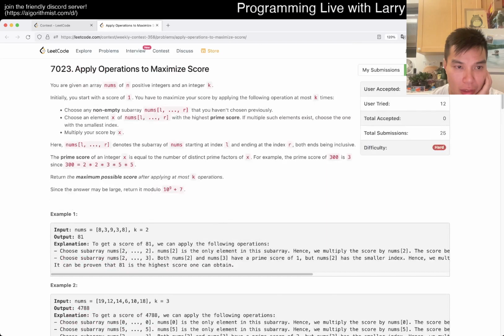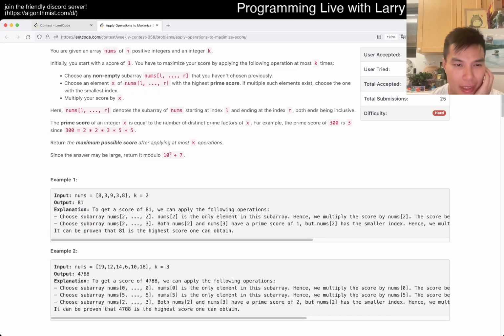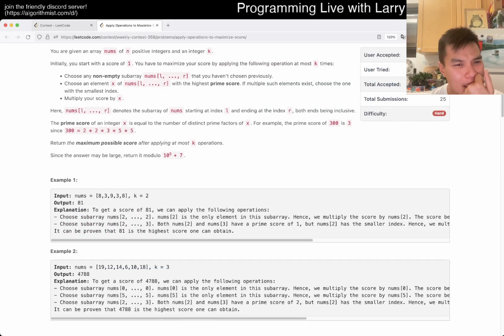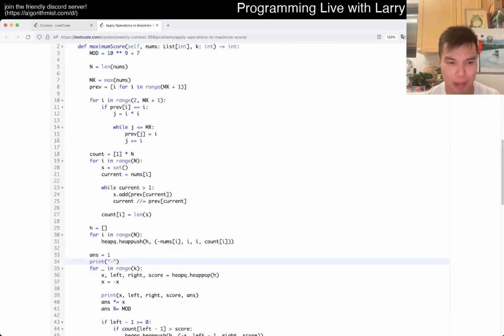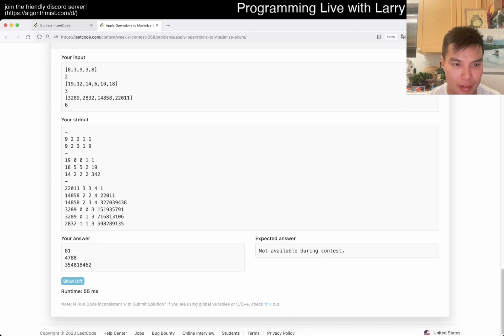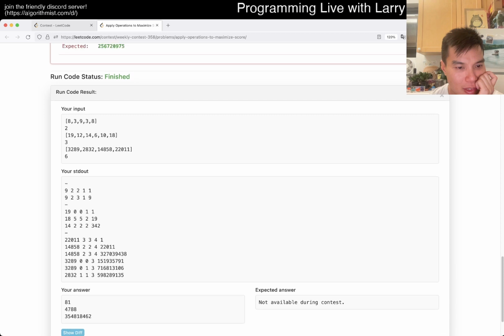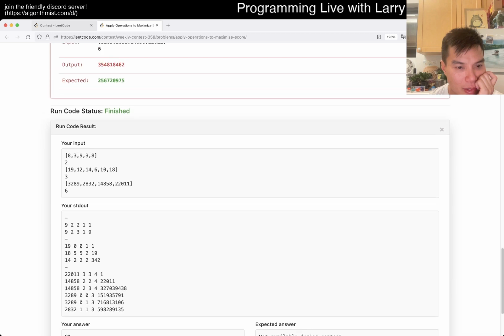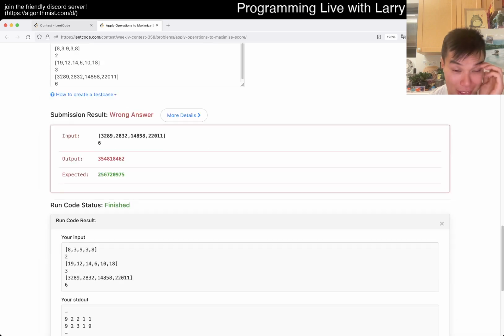Okay, how big of a number can it be? 10 to the 5th to the K power? Are you serious? I don't know if they're just being wrong, to be honest. Not that my intermediate results would have been better, but this is just so weird. This is impossible to debug.